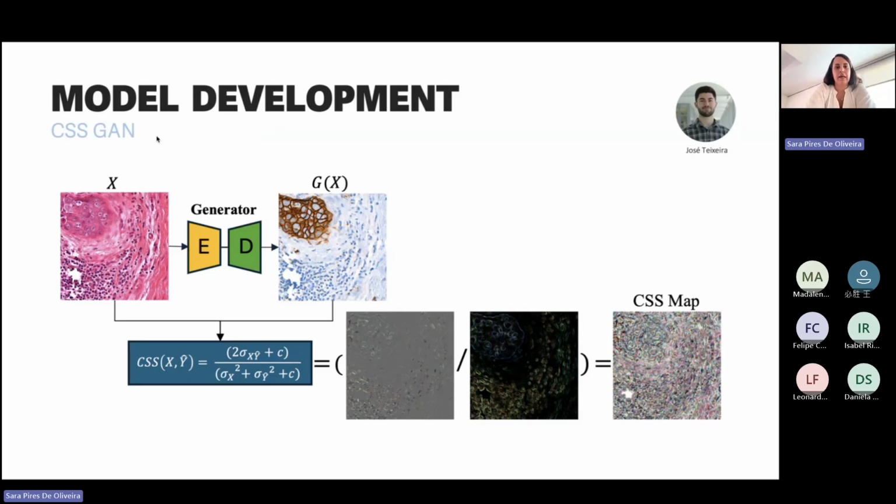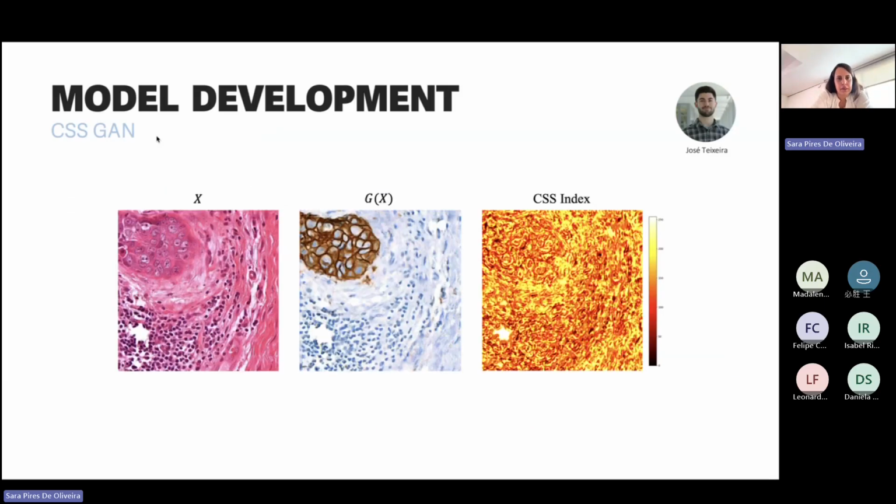And this comes from the idea that when we compute the CSS index, so the structural similarity between the H&E and the immuno, we end up with this kind of map, where the dark regions are the ones where there's a bigger difference in structure, or they don't share the same structure, and so they are more penalized.